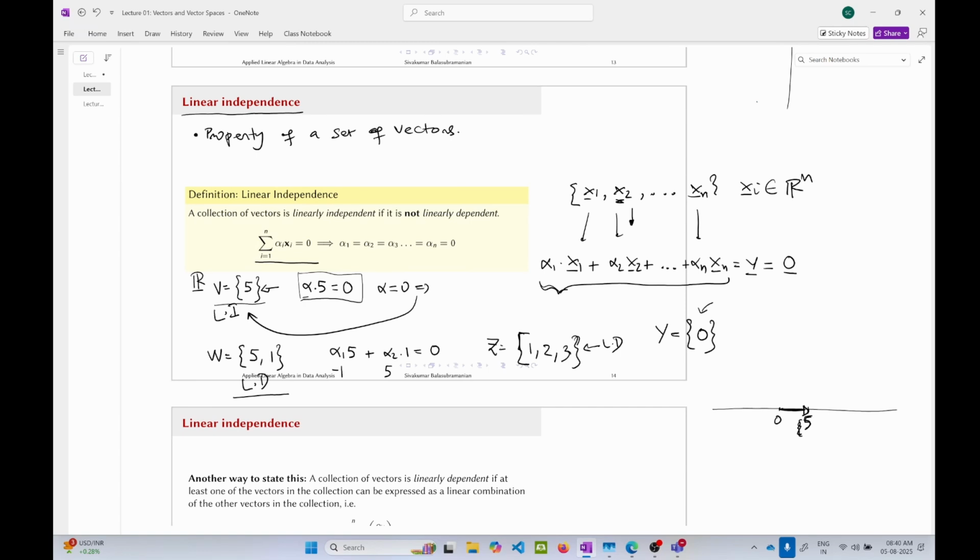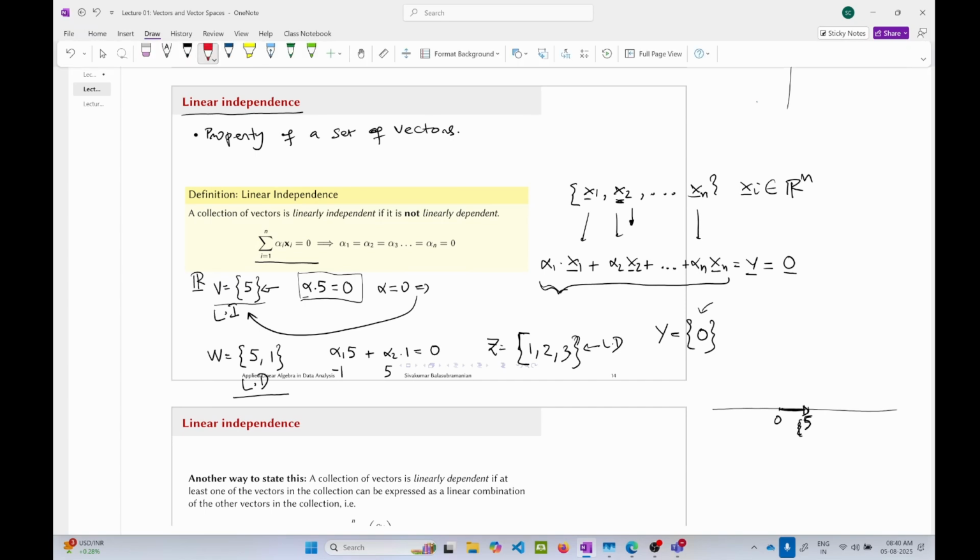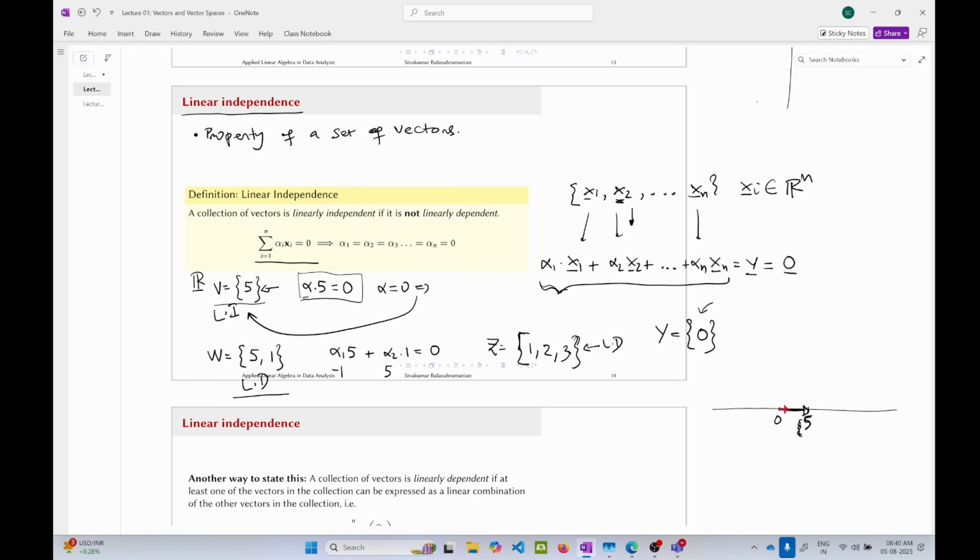For the second case, you have two vectors. You have 5 and you have 1. You can squish both of them to 0, or you simply take 1, scale it by minus 5, that will produce this vector, minus 5 times 1. And if I add this vector with 5, I'll produce a 0.